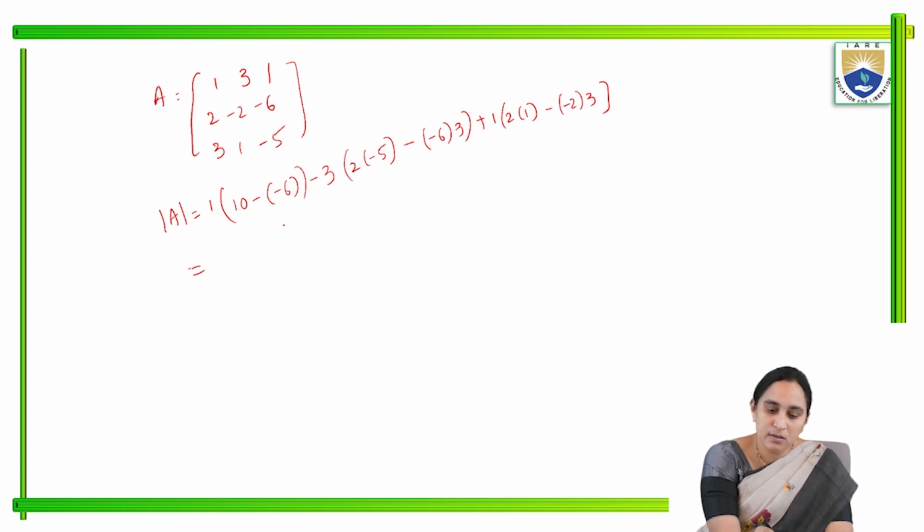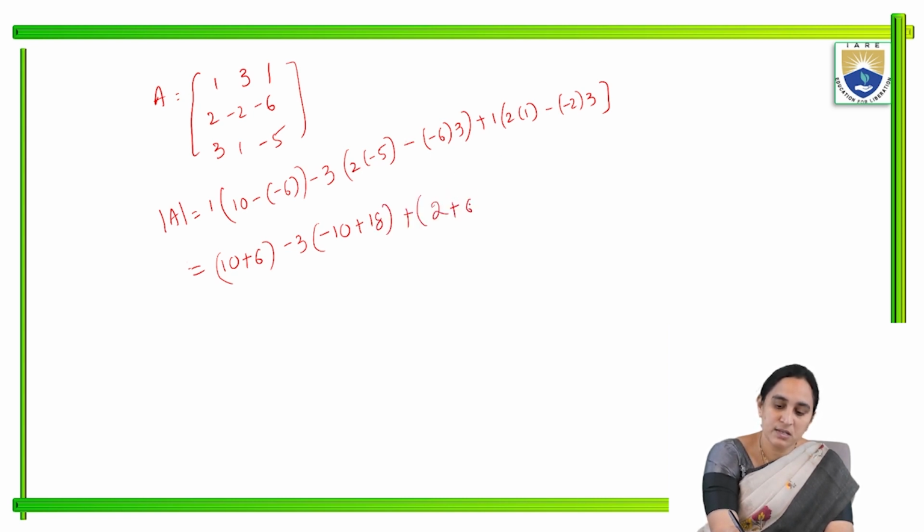Here, 10 minus of -6 is 16, minus 3 into (-10 plus 18, that is 8), plus (2 plus 6, that is 8). So 16 plus 8 is equal to 24, minus 3 into 8 is 24.